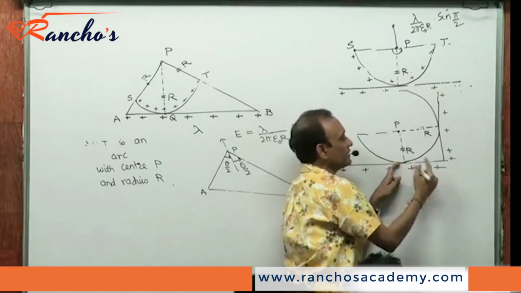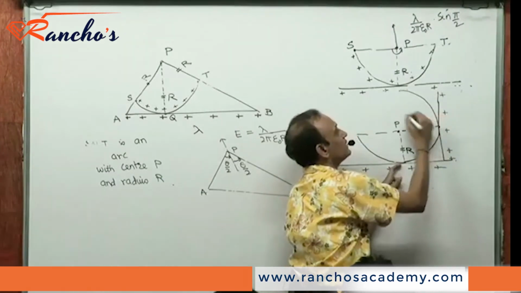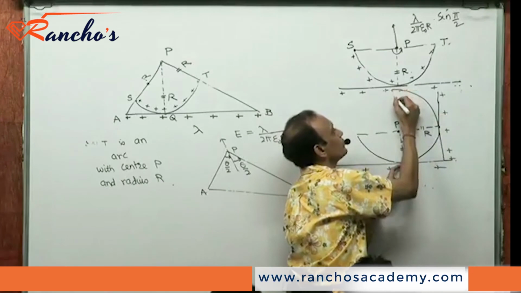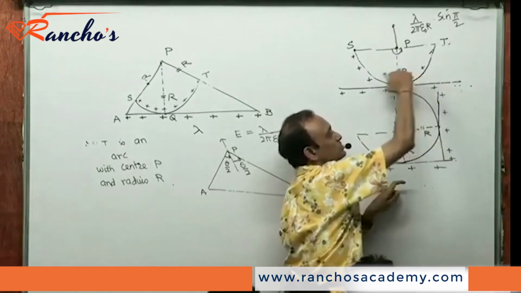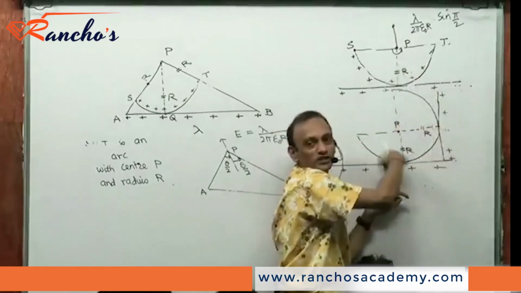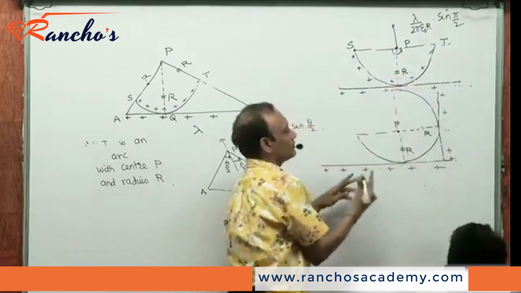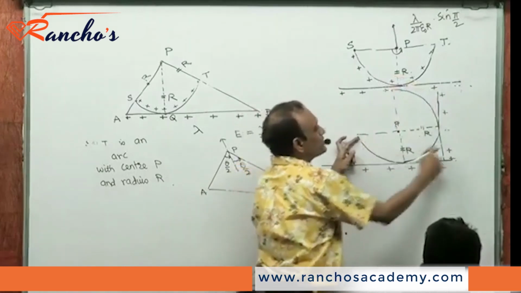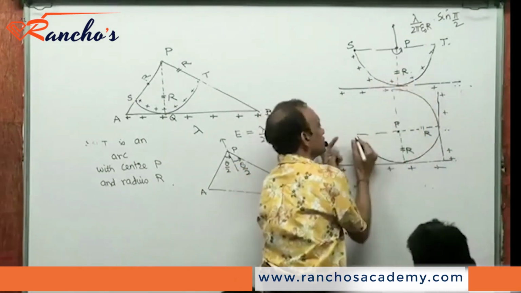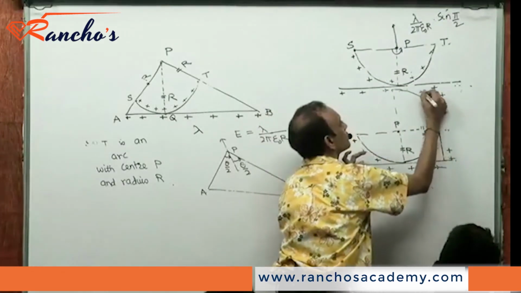So eventually it boils down to this 3/4 of a circle. The field at P would be because of these 3/4 circles with linear charge density lambda.